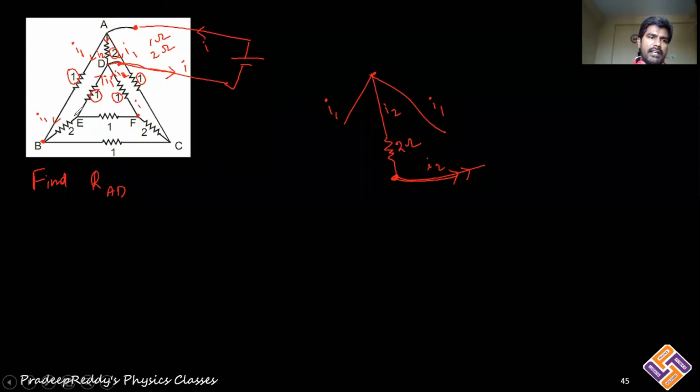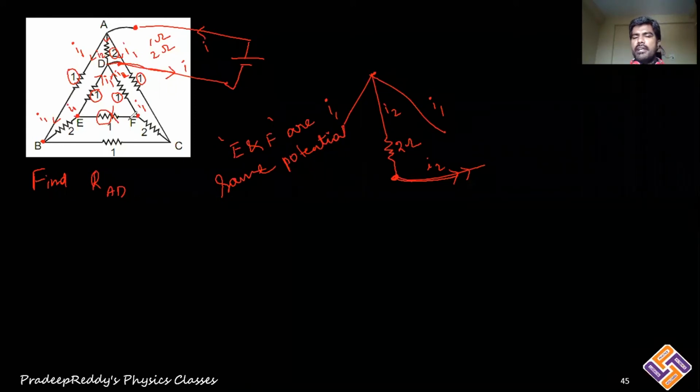Definitely I1, because the same I1 is entering D. Therefore, you can remove this resistor, because E and F are at the same potential.